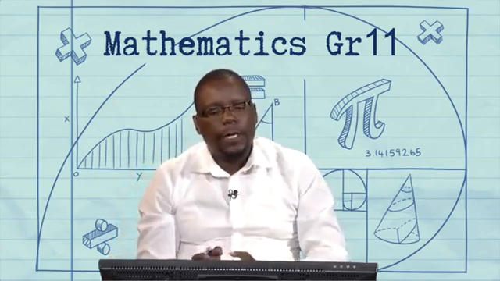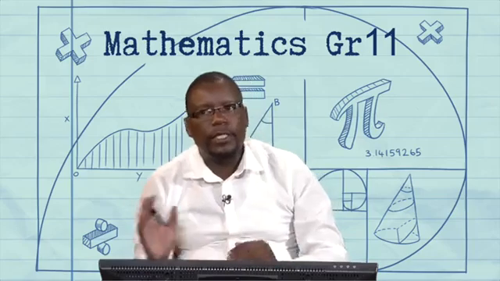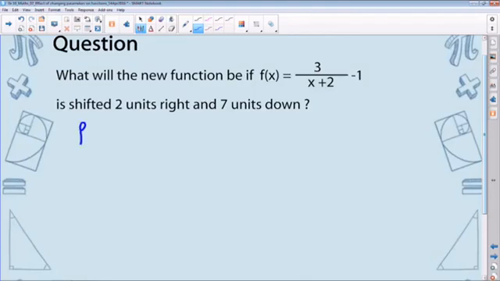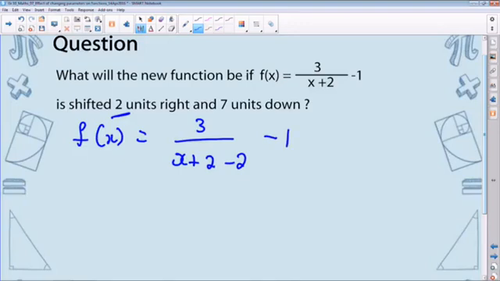At the present moment, you've got your x plus 2. If it says 2 units to the right, it means that you are subtracting a 2. So you've got the very same f of x, which is 3 over x plus 2, but what you've done, you subtracted a 2, right? Minus 1, which is originally there, and then 7 units down, okay?